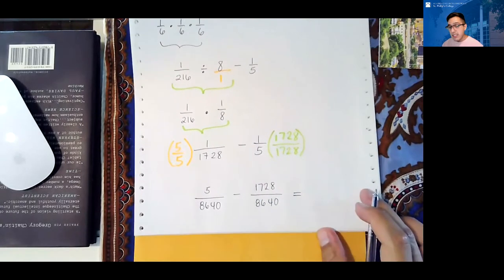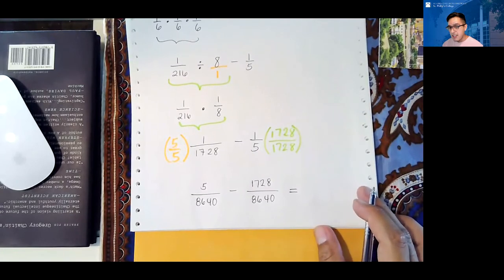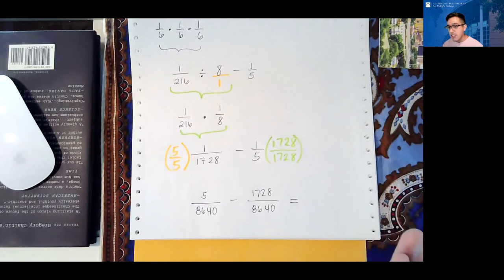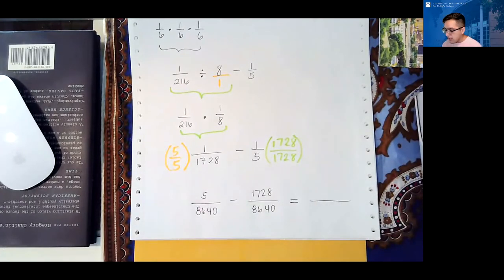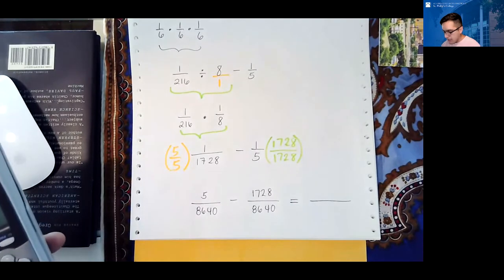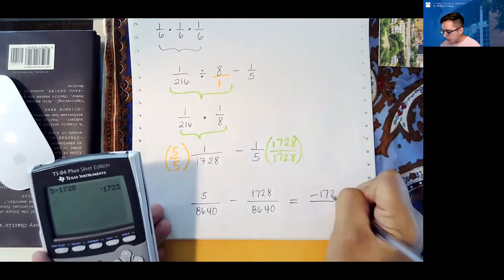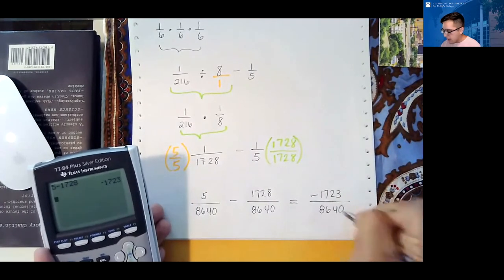Looks really strange, right? These are super ugly fractions. But the process is consistent. You got to trust the process, even though these fractions look different or they look strange. So we're going to do this subtraction. And we might want to throw this in our calculator, 5 minus 1728. And you get negative 1723 over 8640.